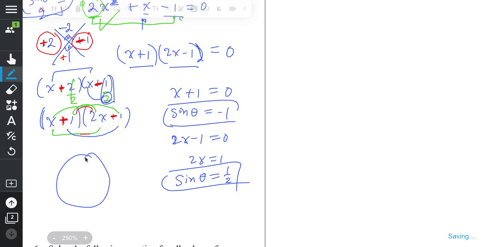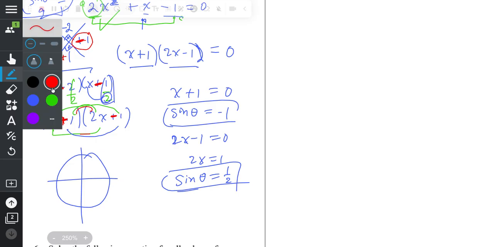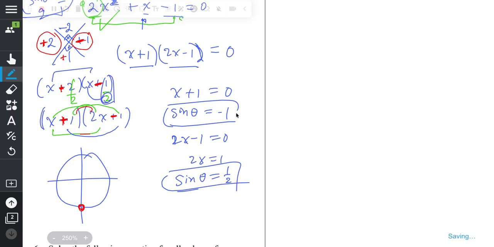So let's go to the unit circle now that we have a single trig function and some values that we are looking for where they are true. Sine of theta is -1. Because remember, this is our y coordinate. Okay, only one spot. That's it. One solution right there. The other solution, sine of theta equals a half.